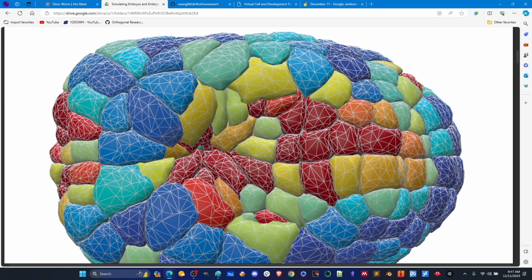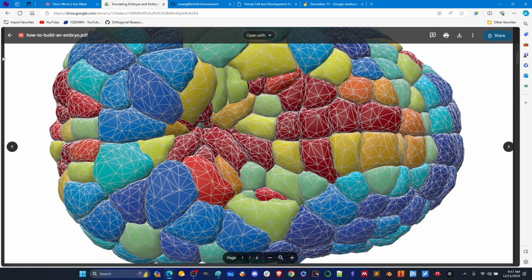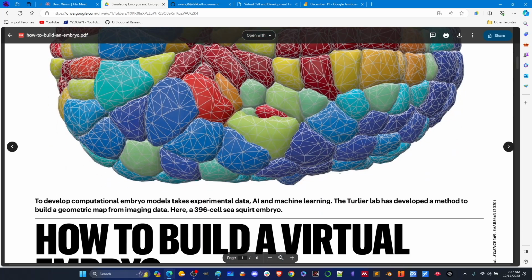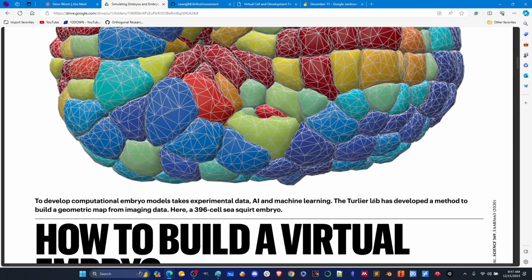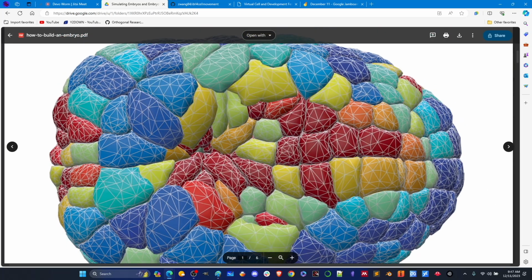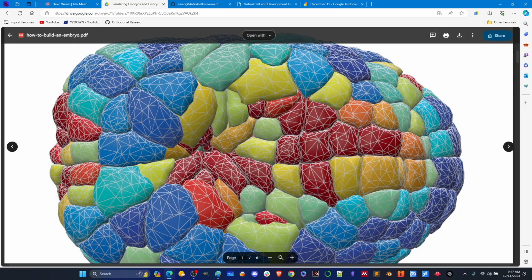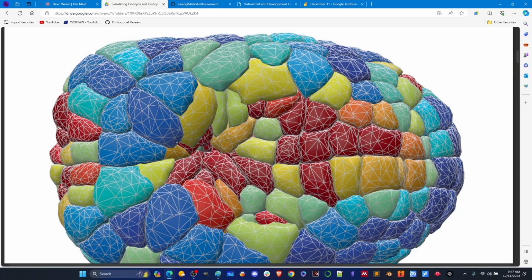And this is a model that predicts forces in an embryo. This is from the Turlier lab in France. They developed this technique where you can take microscopy images of an embryo and estimate the forces using, I guess, some sort of finite element model, but I'm not sure how exactly they're doing it. The citation of the paper is in this paper.